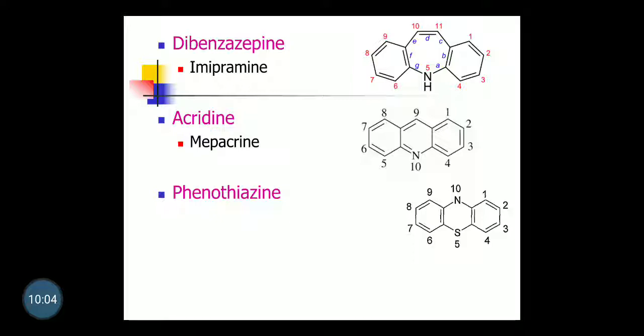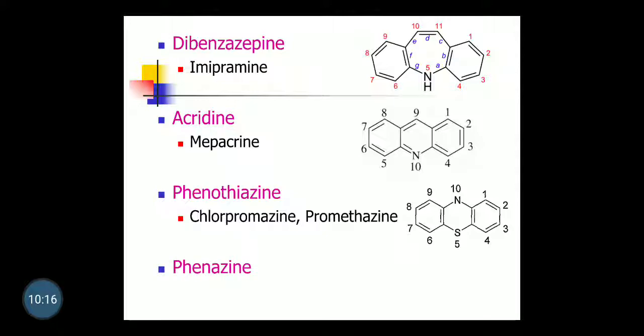In this way also the numbering of sulfur and nitrogen is 5 and 10. Examples are chlorpromazine and promethazine, which are antihistaminic drugs that have this phenothiazine ring. Next, phenazine. Phenazine is actually a sandwich ring in which the two benzene rings are sandwiched by pyrazine.